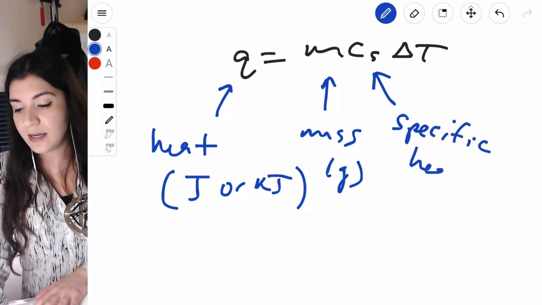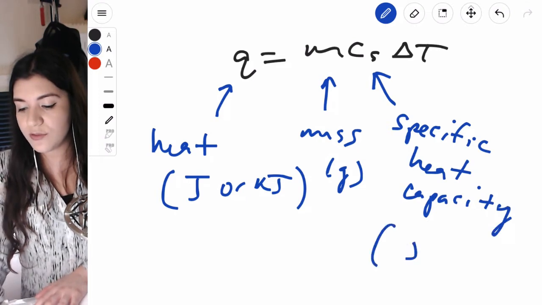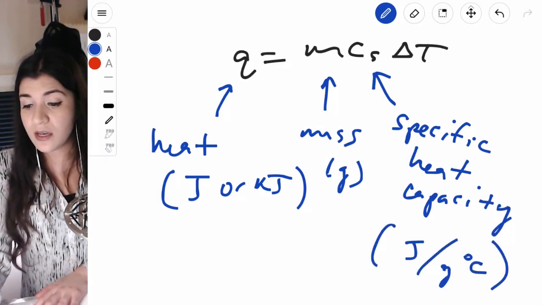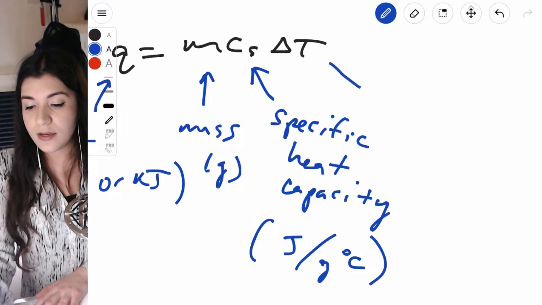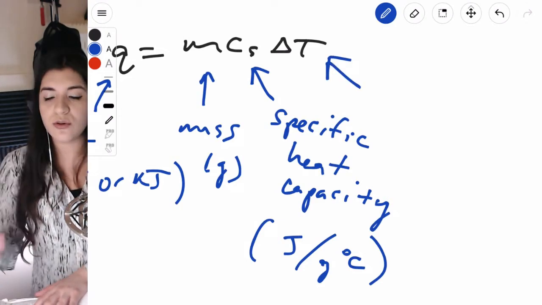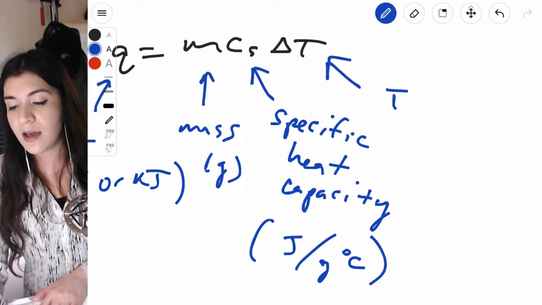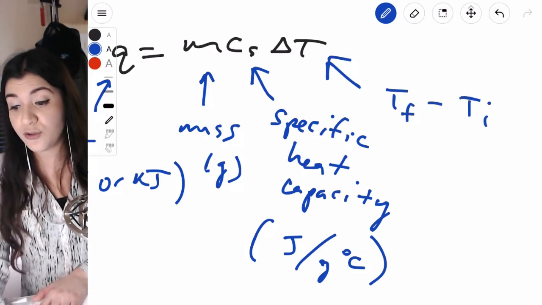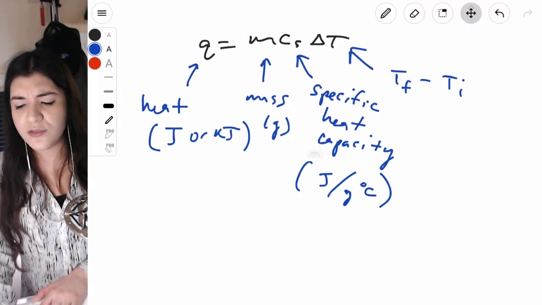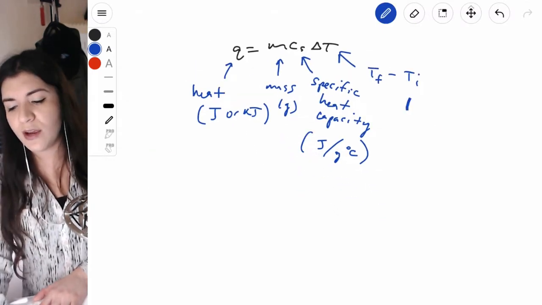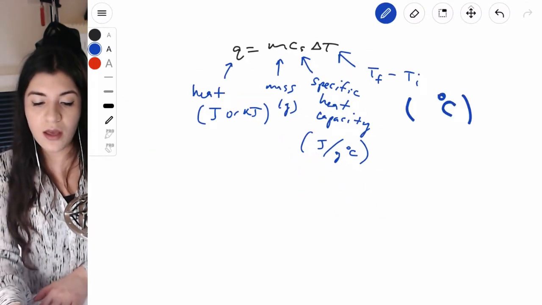The units are going to be joules divided by grams per Celsius. And then our delta T, or that little triangle, just means change. So this is our change in temperature, which is our final temperature minus our initial temperature. Okay, so understanding this formula is going to be very helpful. By the way, our temperature is measured in Celsius.